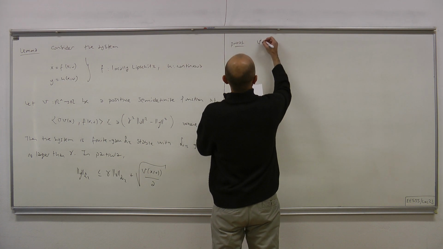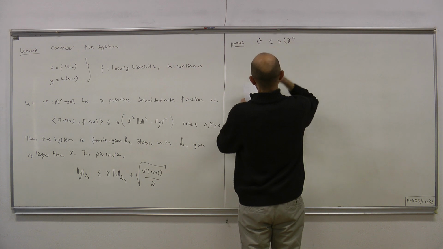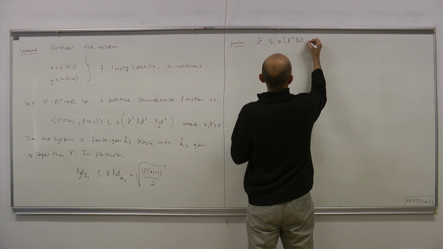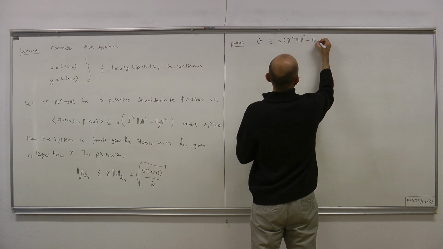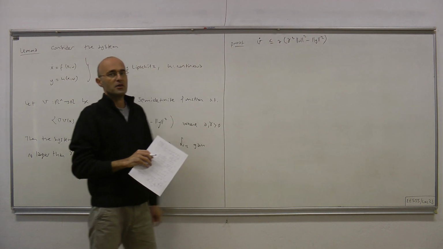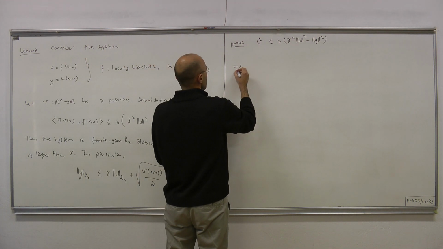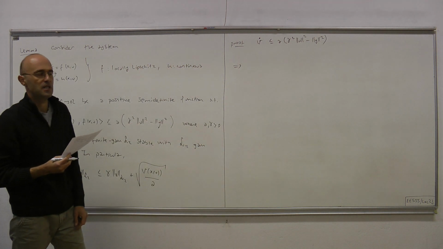So that's what we start with: V dot less than or equal to a times gamma squared u minus y squared. And this is true for all particular times t. So what we do is we integrate both sides from 0 to t.